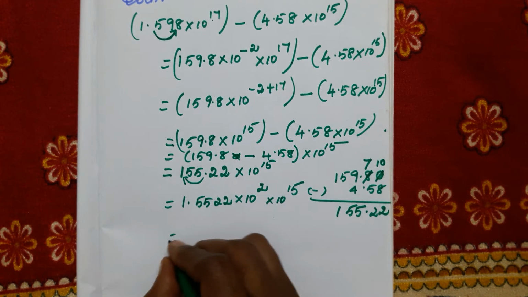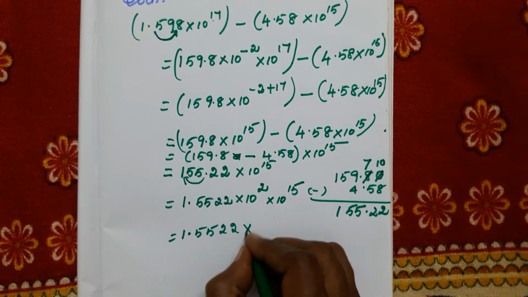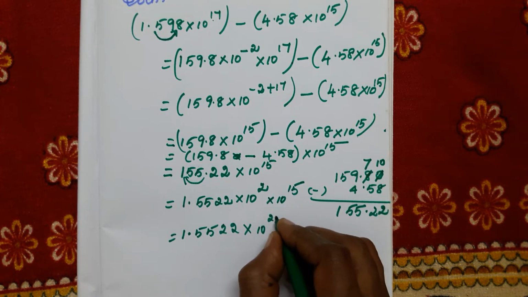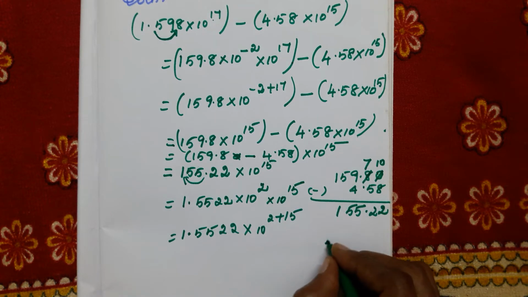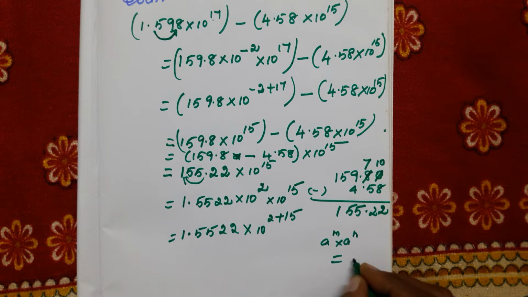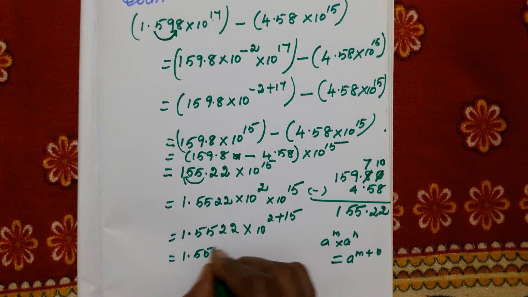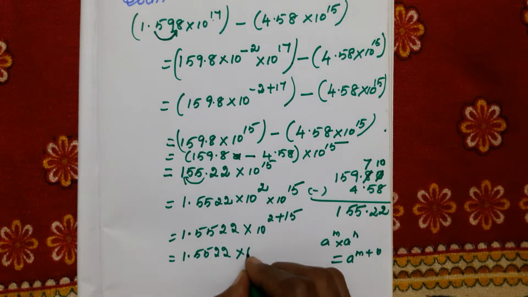So it's equal to 1.5522 into 10 power 2 plus 15. a power m into a power n is equal to a power m plus n. It's equal to 1.5522 into 10 power 17, which is the answer.